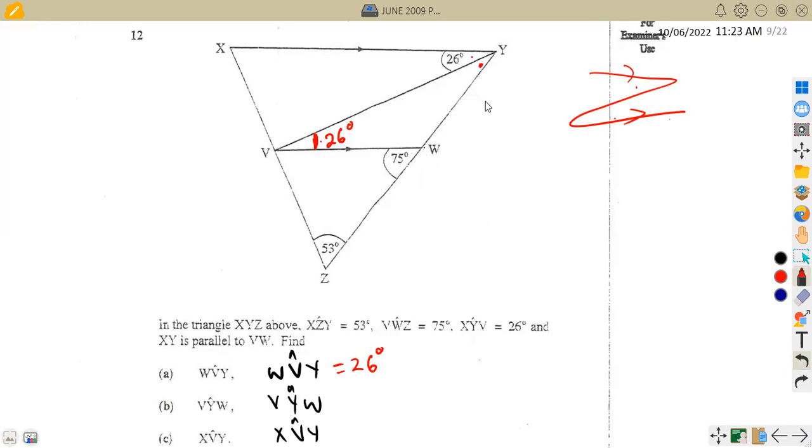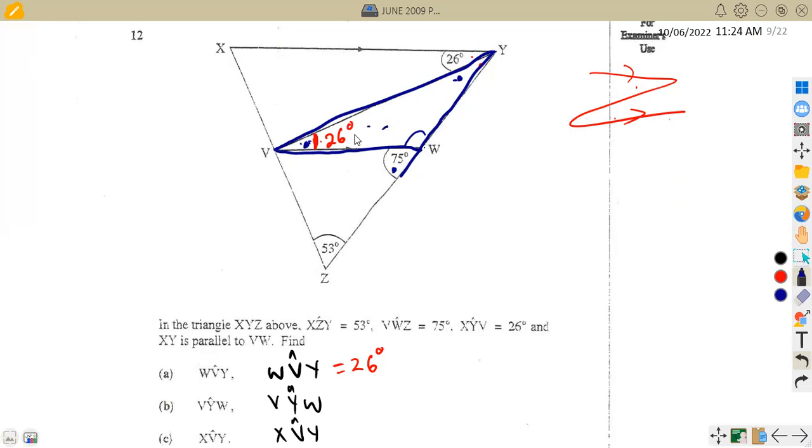If we are to cross check here, what is happening? There is V to Y to W, this triangle that we see here. There's a triangle being formed there. And we know that these two opposite interior angles are actually equal to this one, 75, because we know that the exterior angle is equal to the sum of the opposite interior angles.